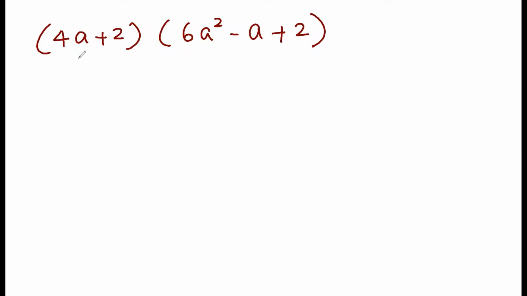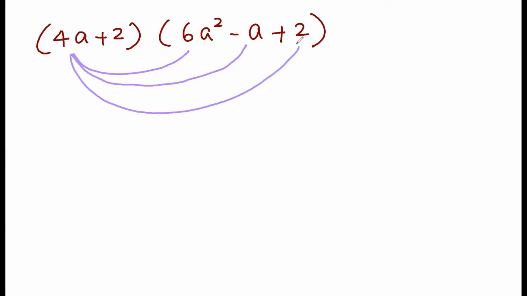So we're going to first distribute 4a to each of the terms inside the parentheses. When I say distribute, that means we are simply multiplying. And then we are going to distribute 2 to each of the terms in the other polynomial.